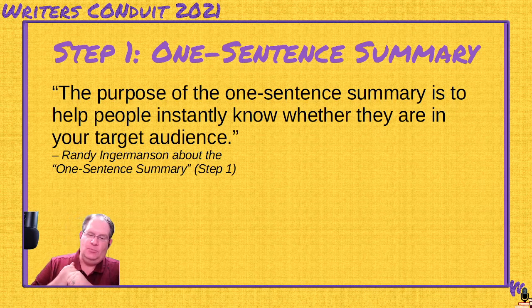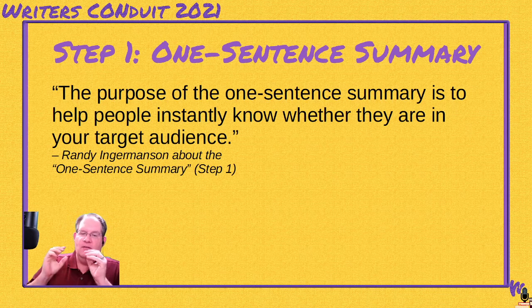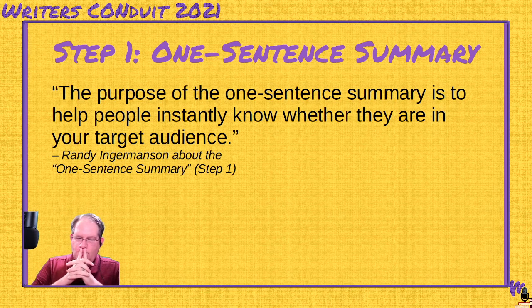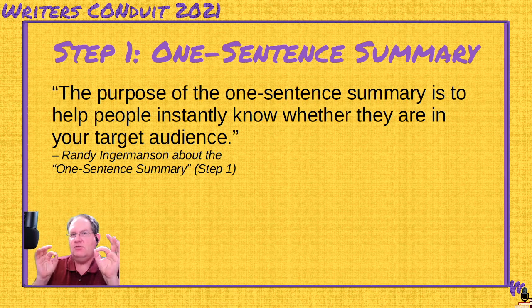The one sentence summary. The purpose of the one sentence summary is to help people instantly know whether they are in your target audience. So when we think about a one sentence summary, can you describe your book's plot in one sentence?